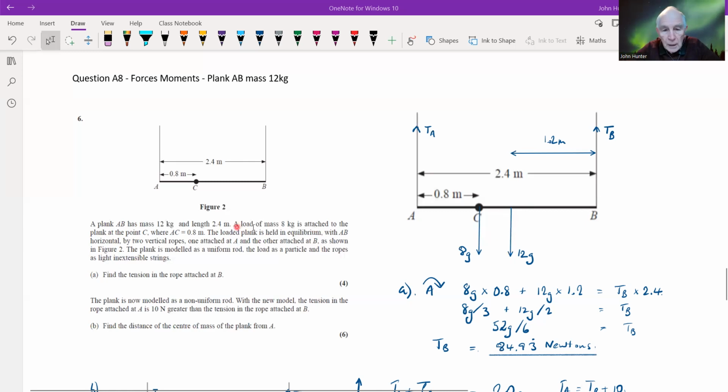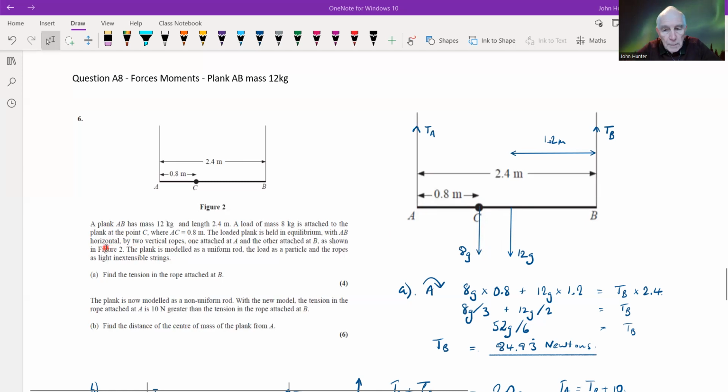A load of mass 8 kilograms is attached to the plank at point C, where AC equals 0.8 meters. So that's that 0.8 meters. There is the mass. It's got 8 kilograms, so that results in a downward force of 8g.